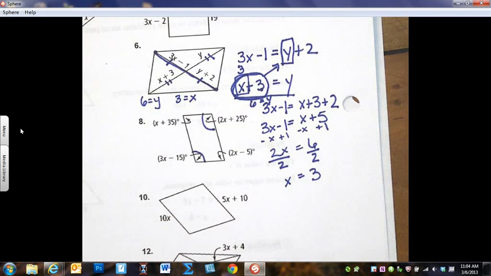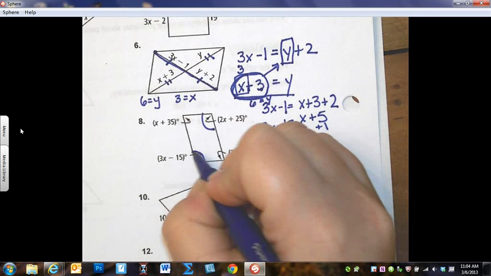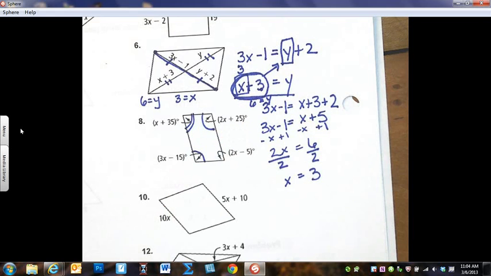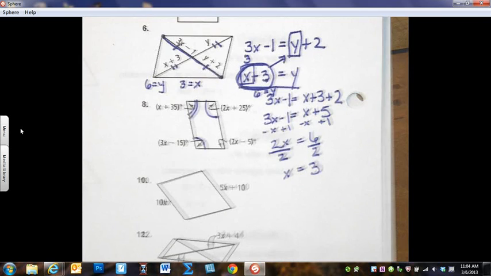Or maybe you think that you have consecutive angles, and you know that consecutive angles are supplementary. So you would say this plus this would equal 180. All of those choices would be correct. However, I'm just going to do the opposite angles are congruent and then solve for x.